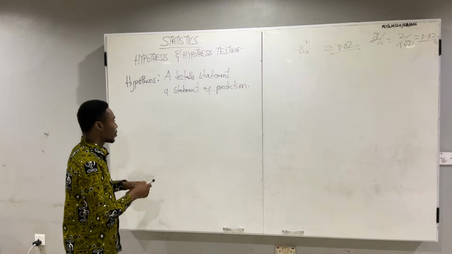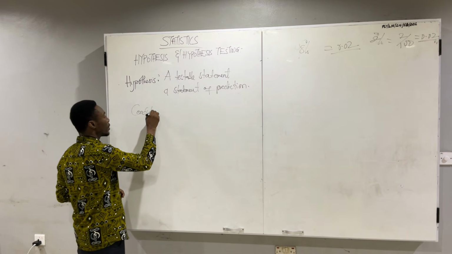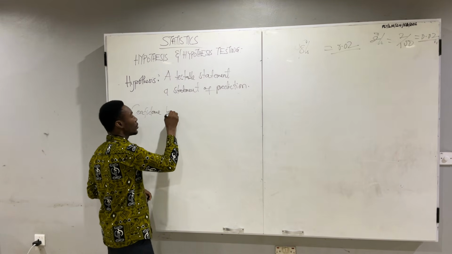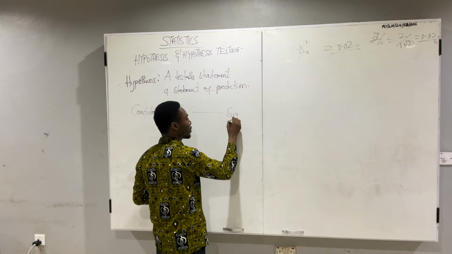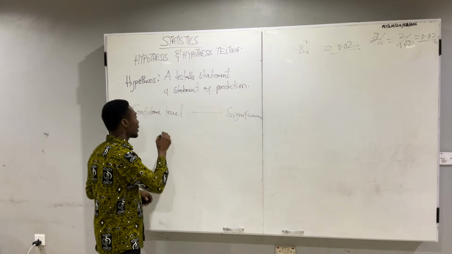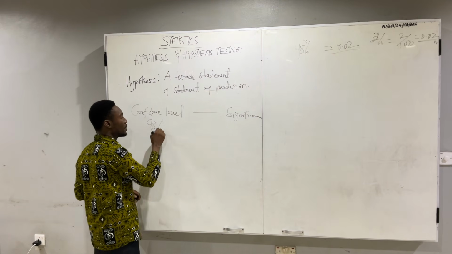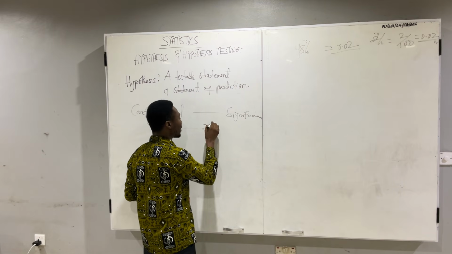Is that okay? So anytime we give you a confidence level, every confidence level comes with significance. So you are doing a statistical test, you set your confidence level at 98%. Your significance level will be what? 2%.